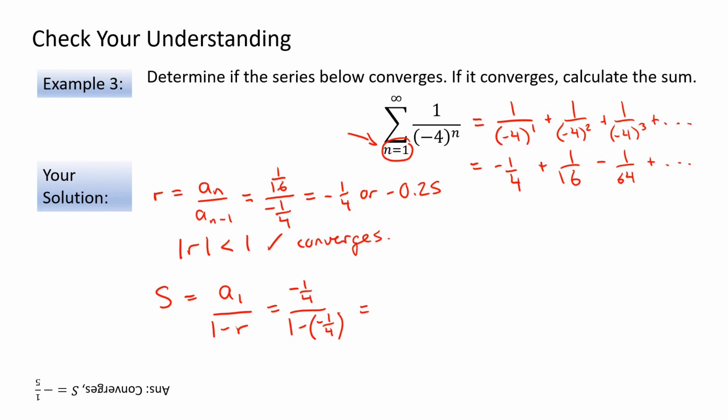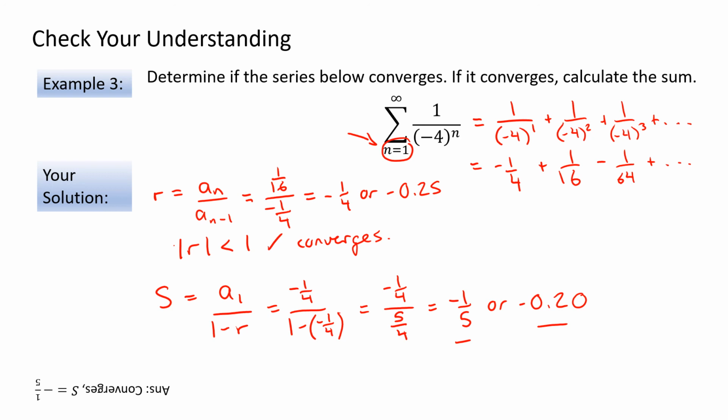Okay? So this becomes -1 over 4 divided by 1 minus -1/4, which is 1 plus 1/4, which gives us 5 over 4. And if we calculate this out, we get -1 over 5, or -0.20, depending on if you did fractions or if you put it in your calculator.